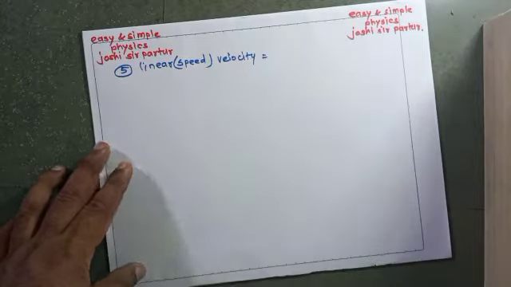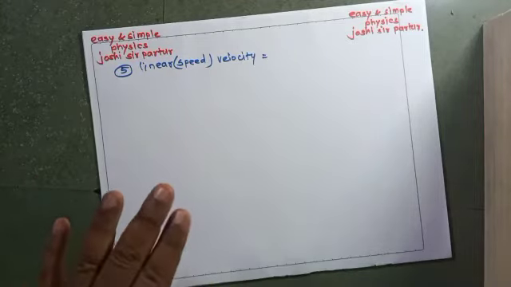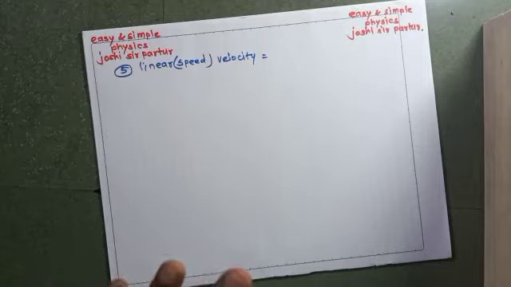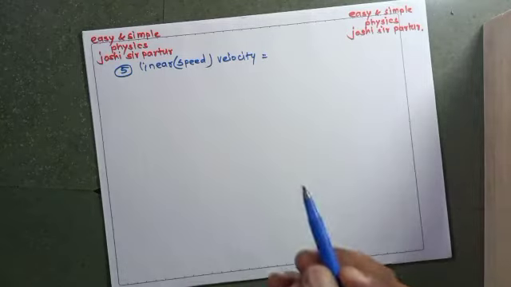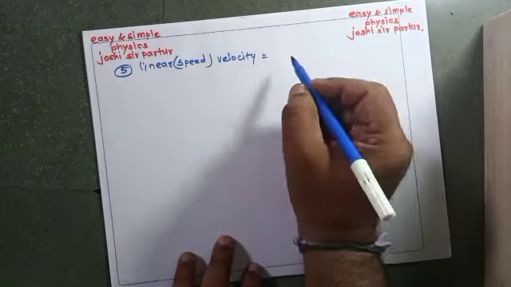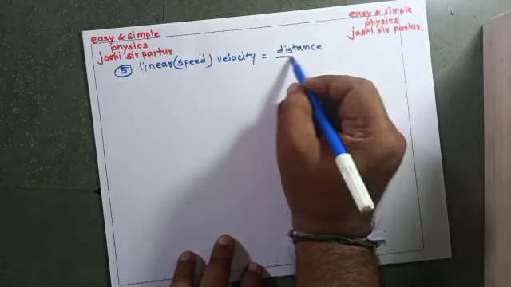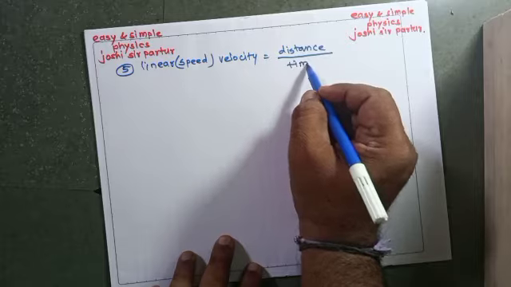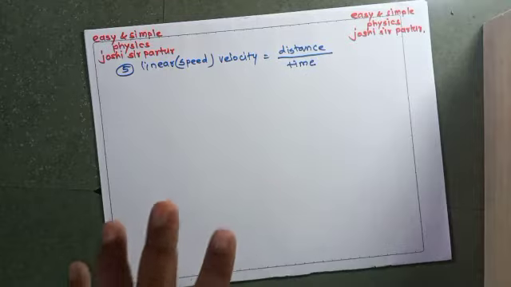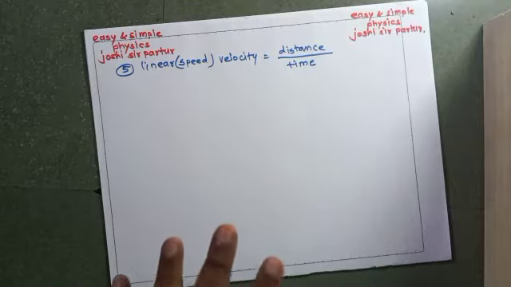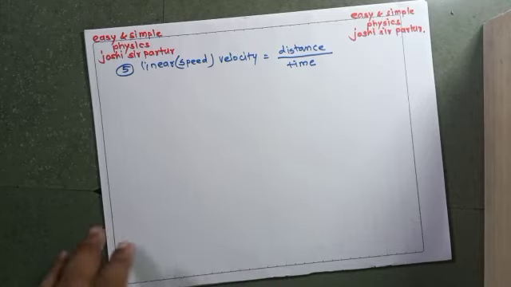It is defined as the rate of change in displacement with respect to time, or it can also be written as distance upon time.